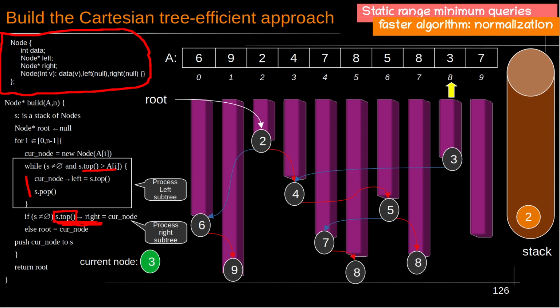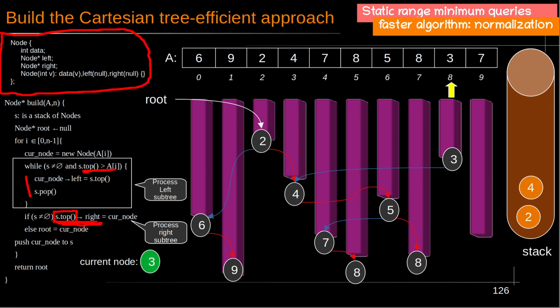The answer is no. So we are sure now, if we quit this while loop, we will find that the element on the top is lower or equal to the current element. And in the while loop, we processed the left tree. Okay? And the elements in the left subtree are processed by this while loop.